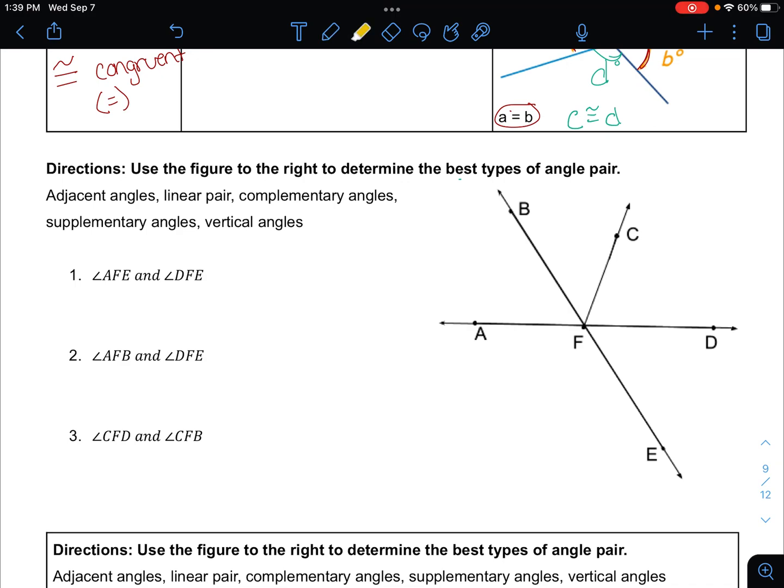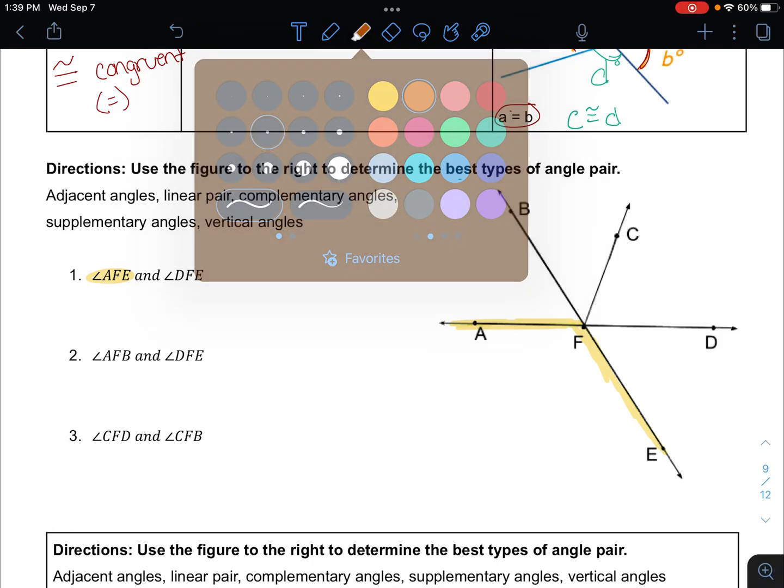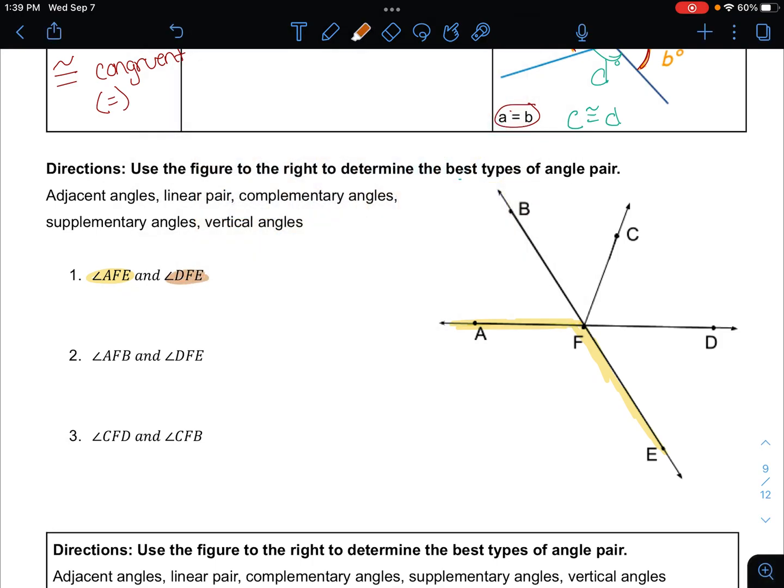Okay, so if I have AFE, I'm going to find AFE, and I'm going to trace it in that order so I know what I'm talking about. Okay, and then my other one is going to be DFE. Okay, and this just helps me really understand what's going on. Okay, so now I notice these, if I continue it, it forms a line.